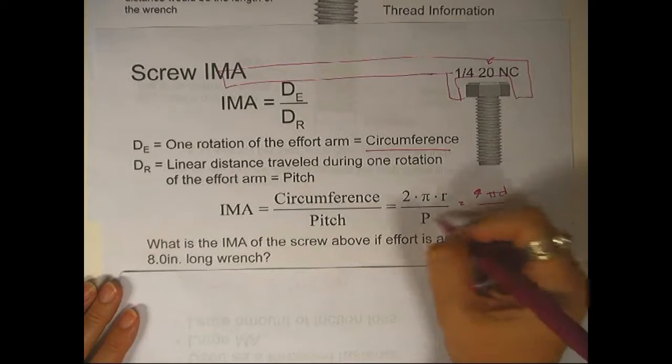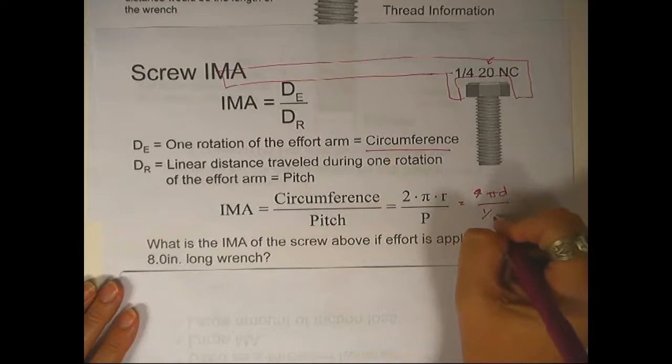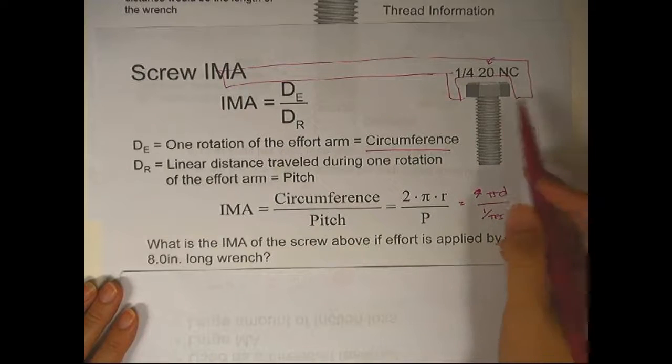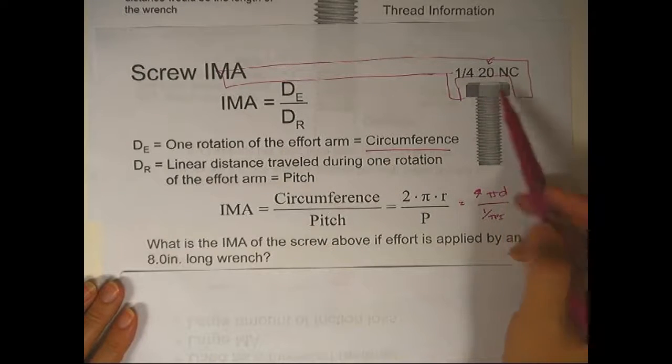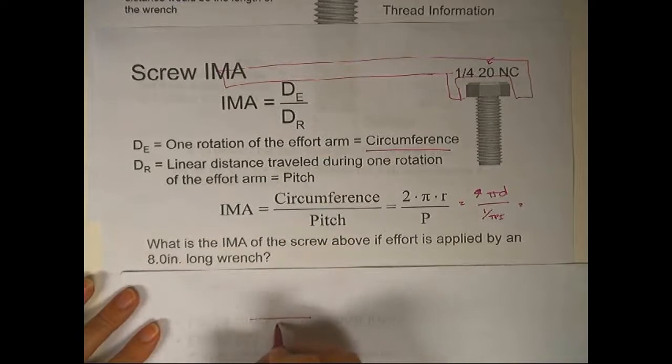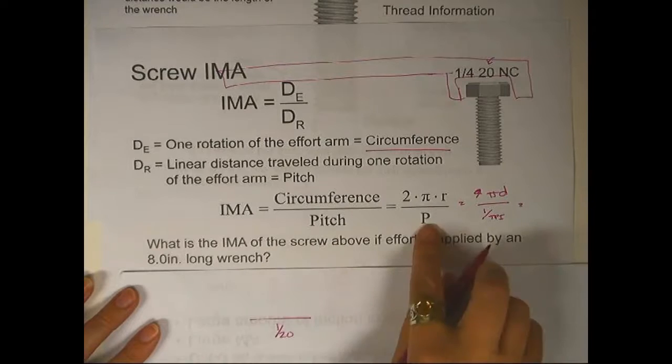And the pitch is always 1 over the threads per inch. So in this case up here, my threads per inch is 20. So my bottom number here is going to be 1 over 20 for my pitch.